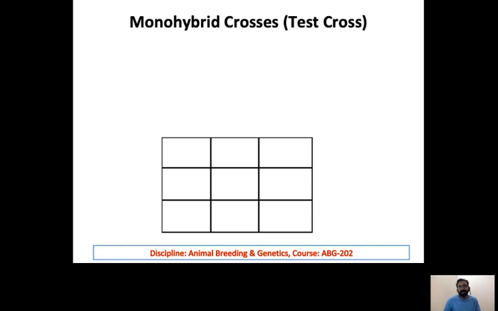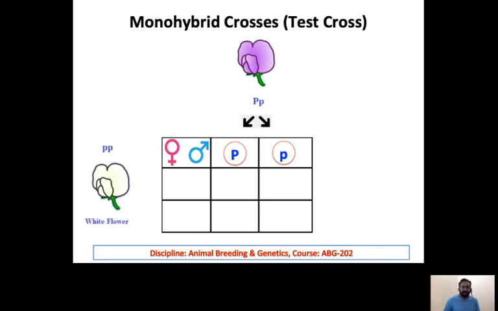Okay, so monohybrid test cross, again male and female are indicated. Now we cross the heterozygous individual, which will produce one dominant allele and one recessive allele, and it will be crossed with the homozygous recessive. In the last example it was the white flower, which I established in the last lecture.